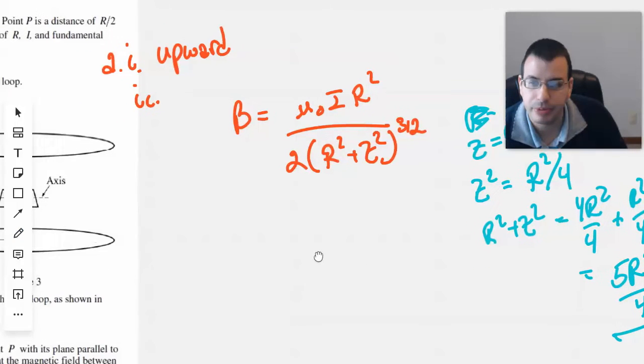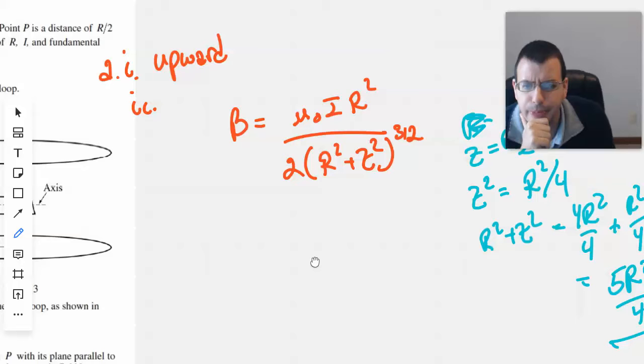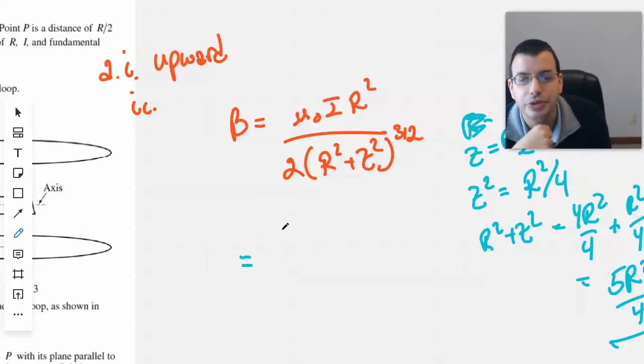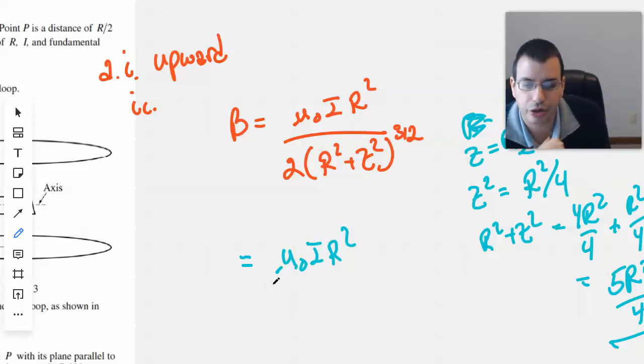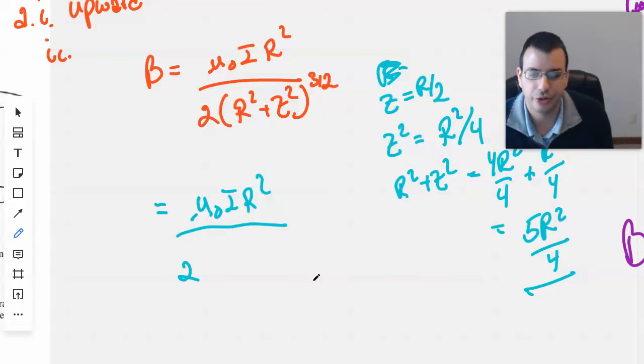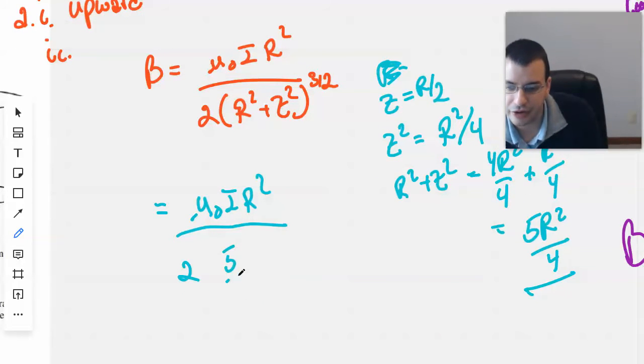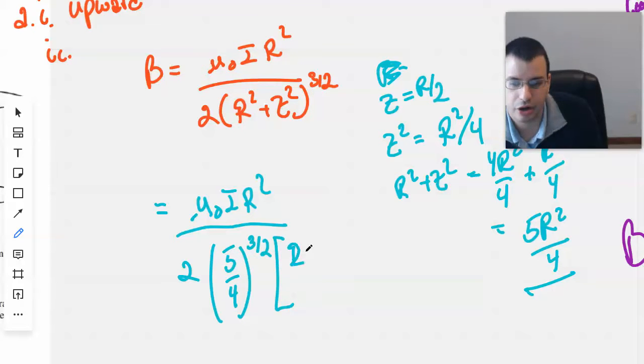So I'll do mu naught I R squared over 2. And then I'm going to do 5/4 to the 3/2 times R squared to the 3/2.